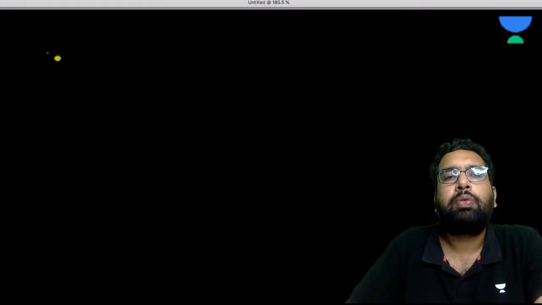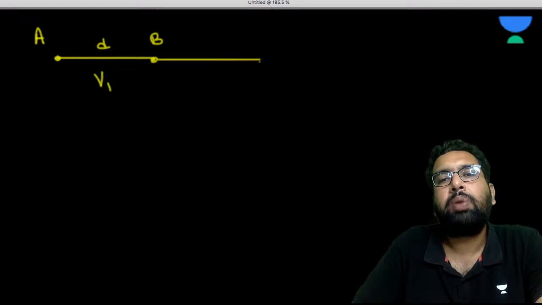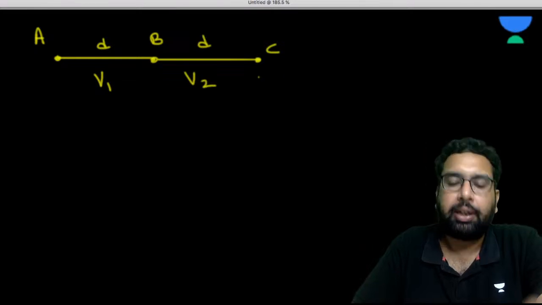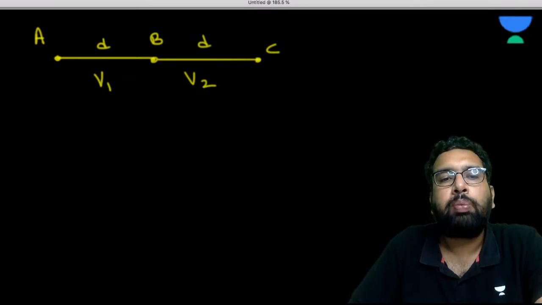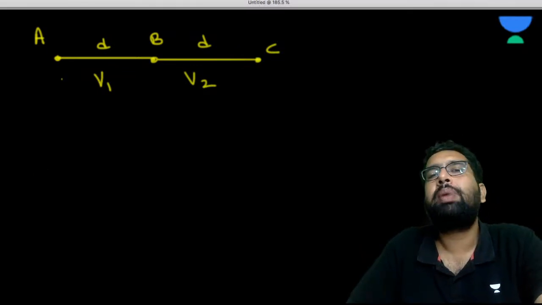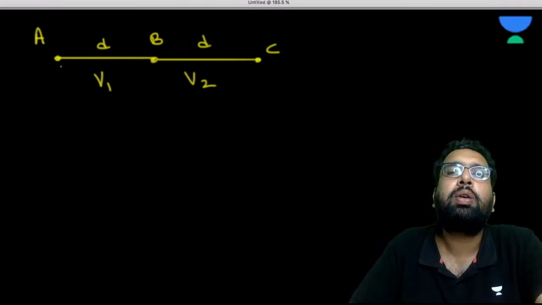Someone has moved a distance d at a speed of v1. Then further he has moved a distance d at a speed of v2. So see, distance doesn't require any direction. Even if it is moving in the opposite direction, from A to B, then B to A, the same distance is traveled at two different speeds.